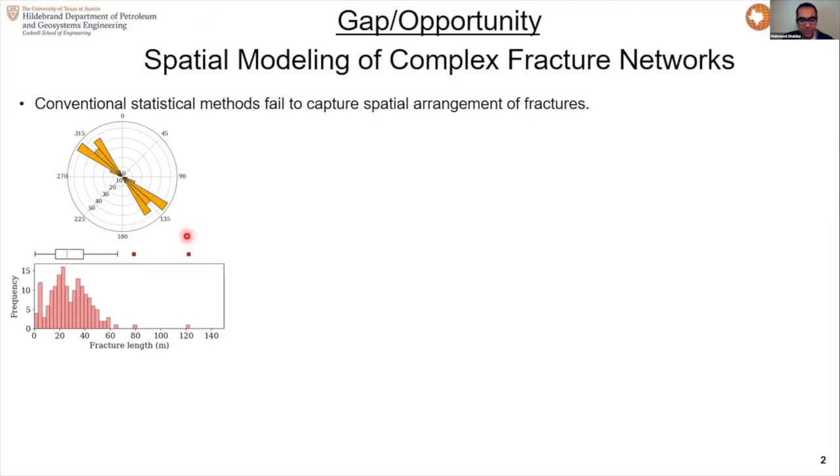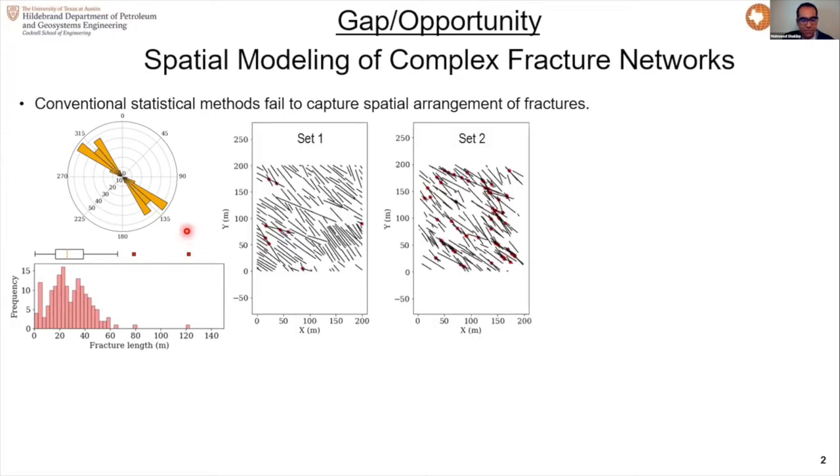But it turns out that's not accurate because, for example, in this example, these two fracture sets, set 1 and set 2, have the exact same distribution for fracture length shown on the left-hand side, and the same Rose diagram and the distribution for the orientation. But as you can see, they have completely different spatial characteristics.